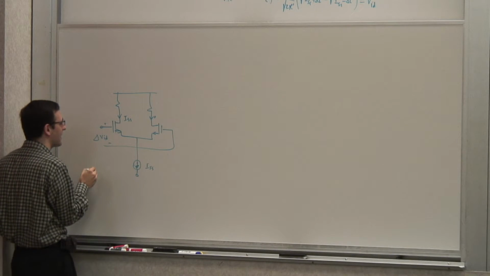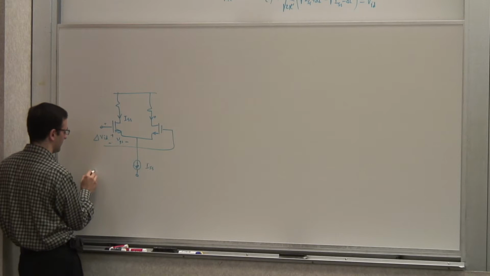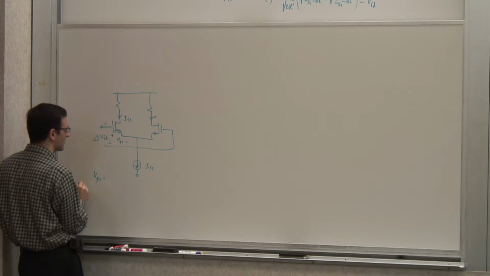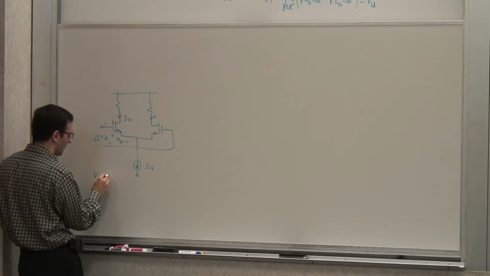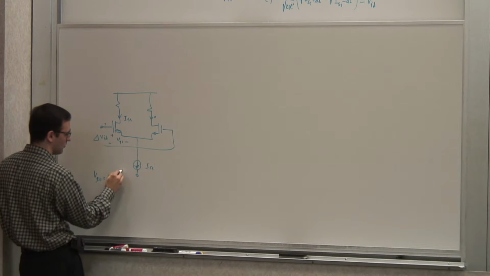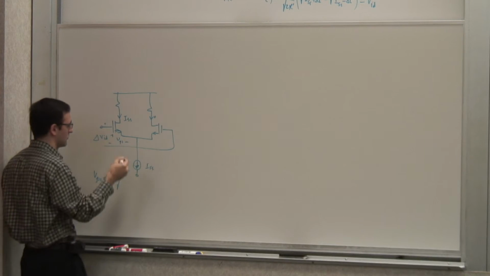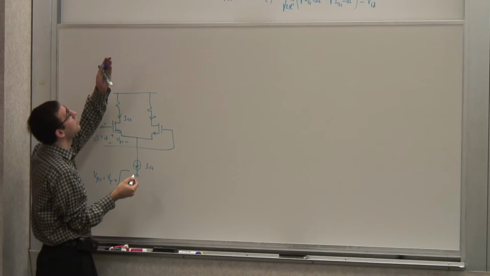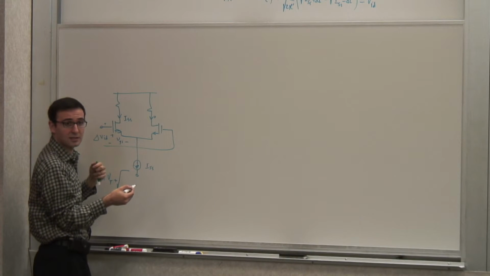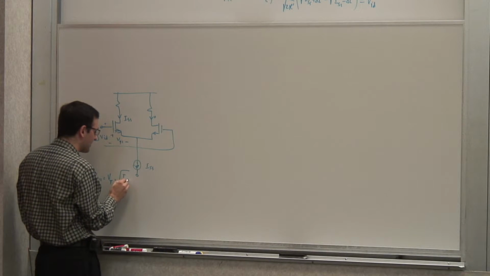So if this current is ISS, what can I say about this VGS1? VGS is VT plus the square root of the current divided by K prime, just inverting the basic quadratic dependence of the MOSFET. So this time ID is simply ISS, divided by K prime.